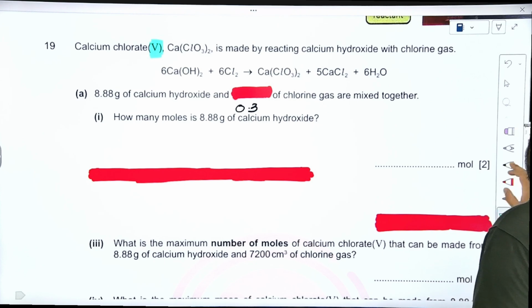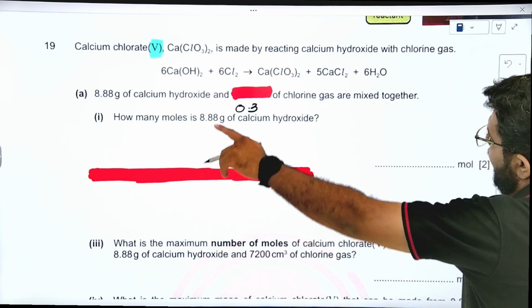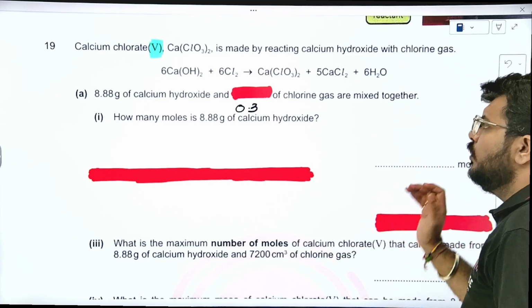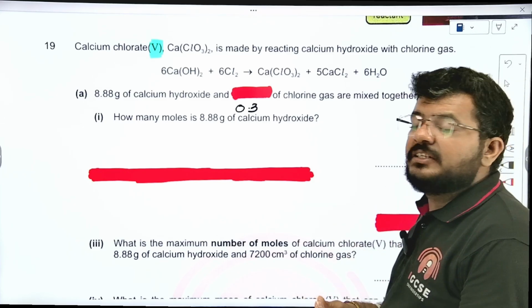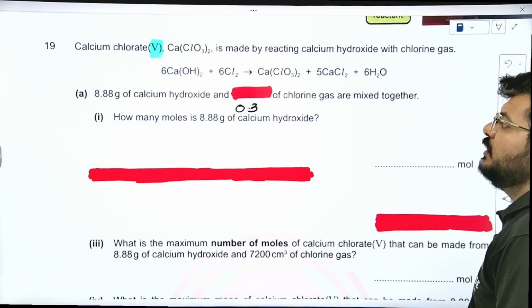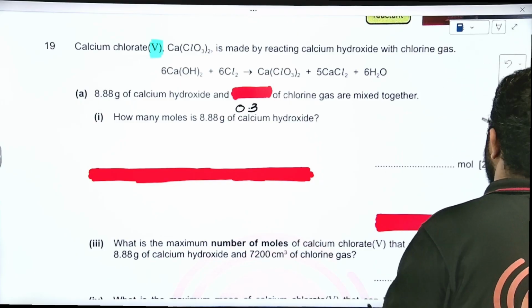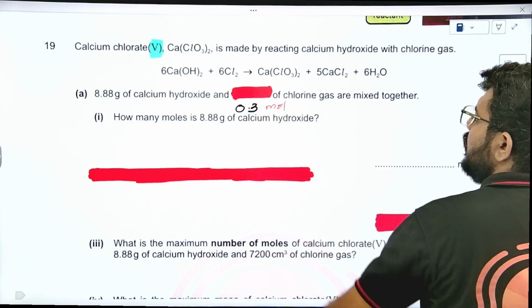Not oxygen, not calcium, chlorine. Now, the reaction has been given, and if you observe, the reaction is balanced as well. 8.88 gram of calcium hydroxide and 0.3 moles of chlorine gas are mixed together.